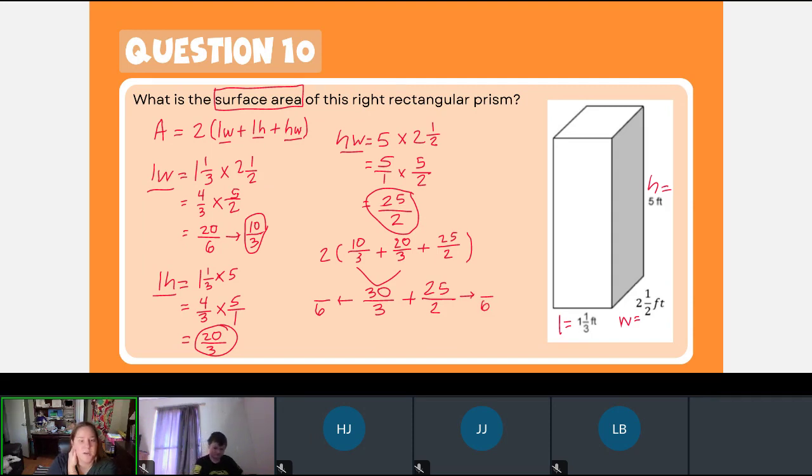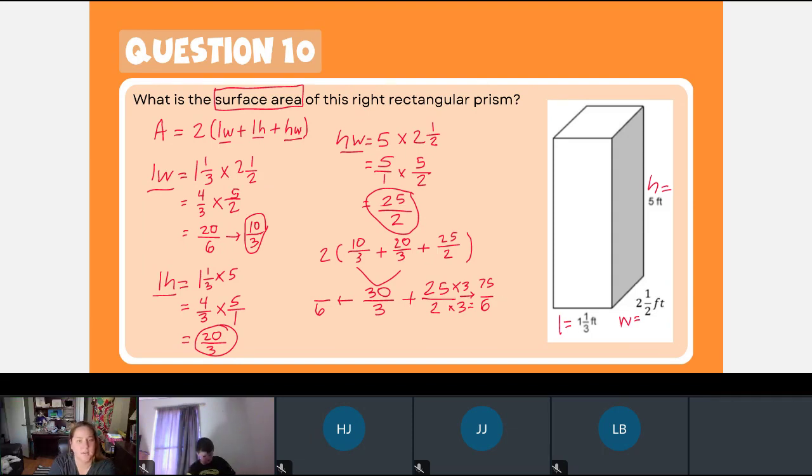Now we had to multiply 2. Yeah, the last one is the longest one. 2 times 3 equals 6. So that means we need to multiply the top number by 3. So somebody tell me, what is 25 times 3? 75, good. So we got 75 over 6, which can be simplified. Oh no, that's over 6.